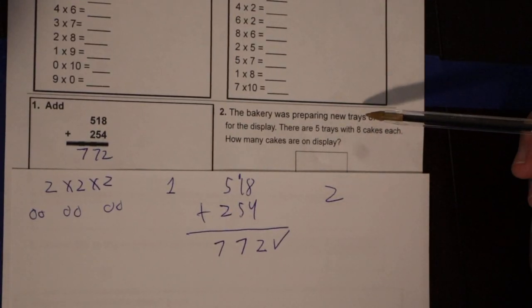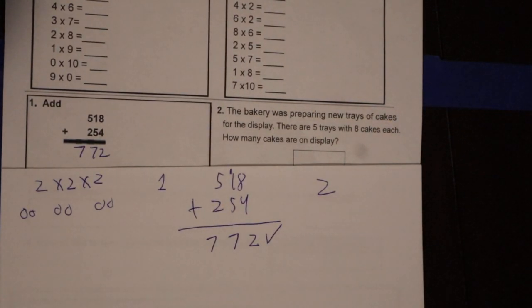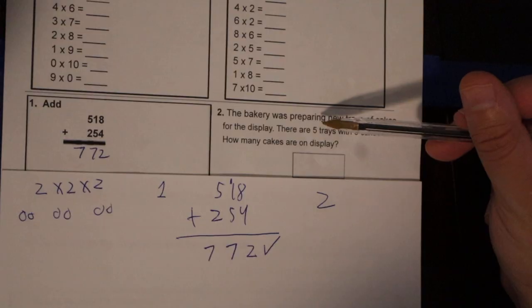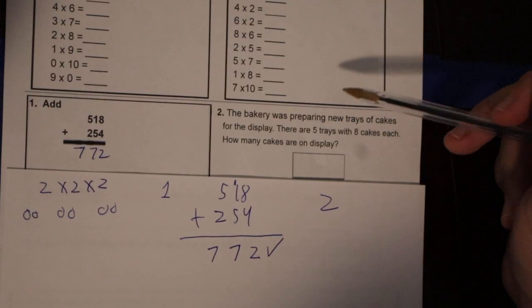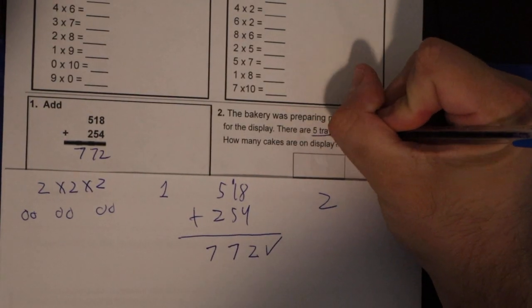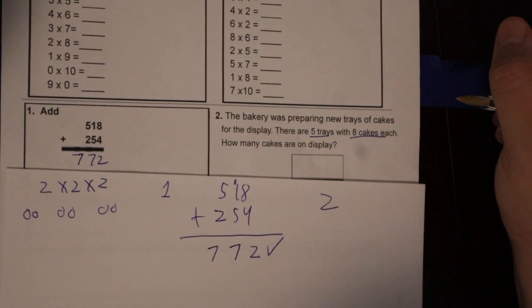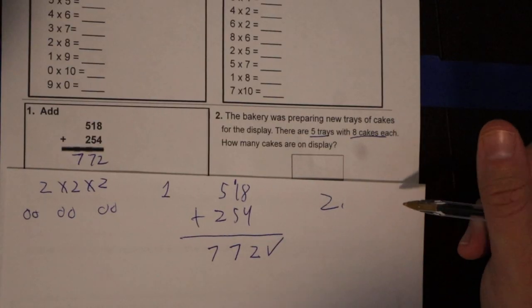Okay, question number 2. The baker was preparing new trays of cakes for the display. There are 5 trays with 8 cakes each. How many cakes are on display? So what does that tell you?